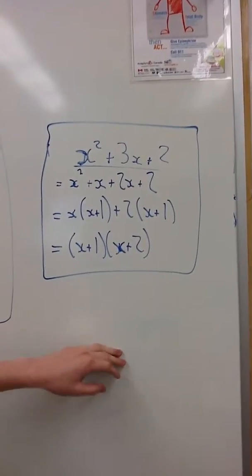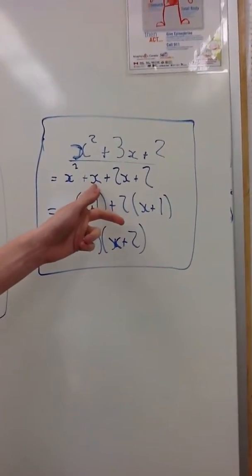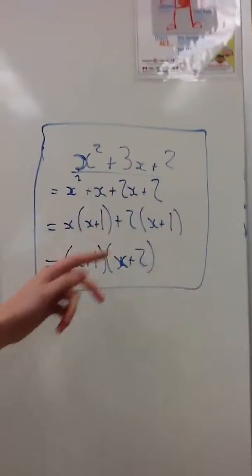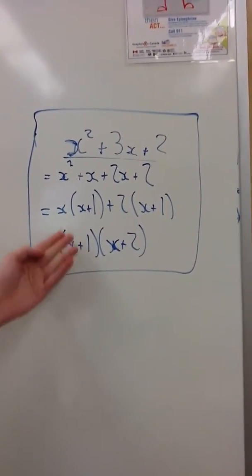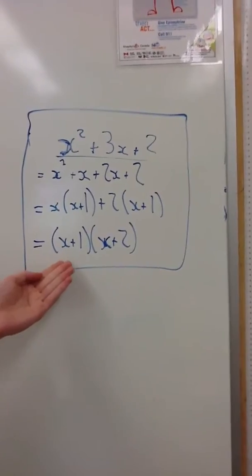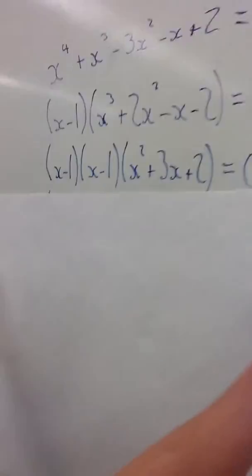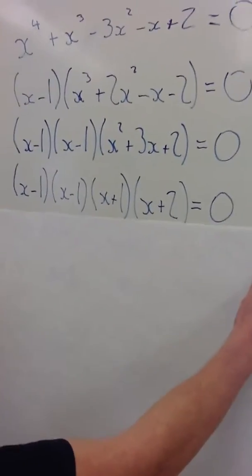So two values that do that were 1 and 2. So that gave us, with our final equation after we factored by grouping, x plus 1, x plus 2, which brings us to the factors of our equation, fully factored in factored form.